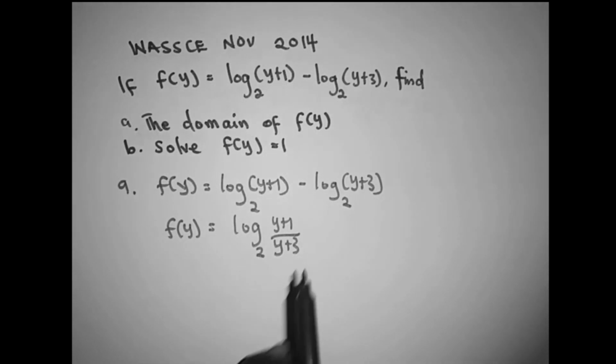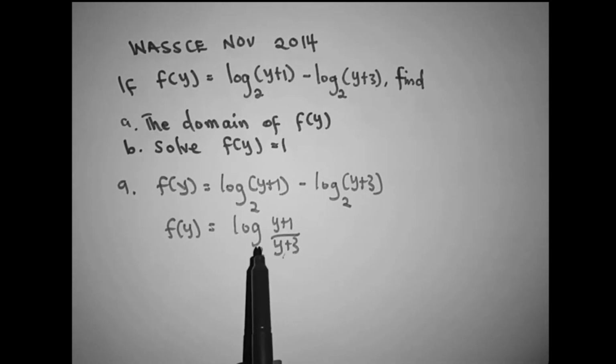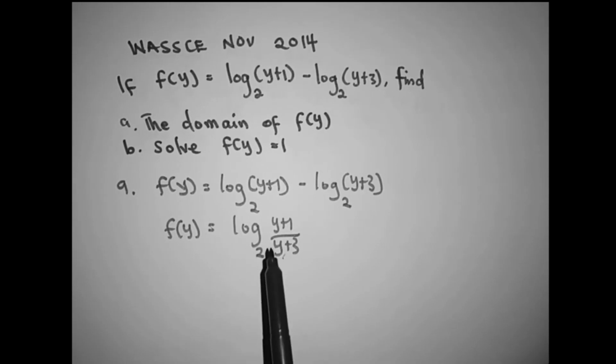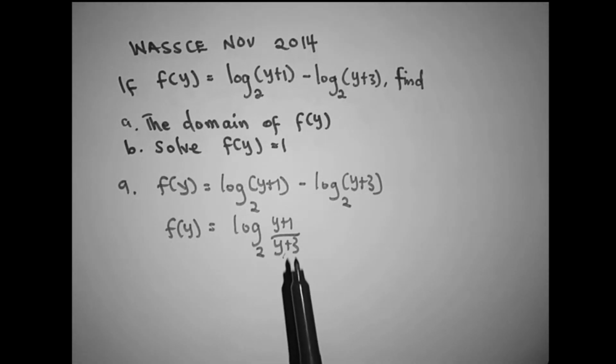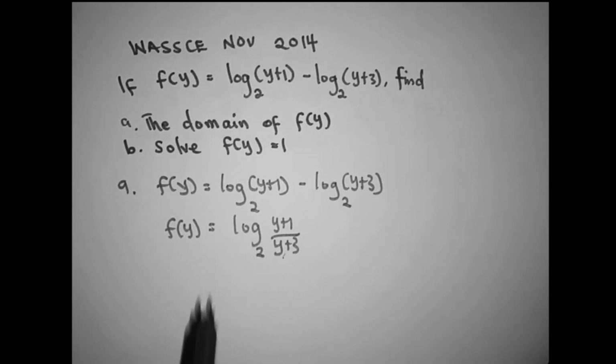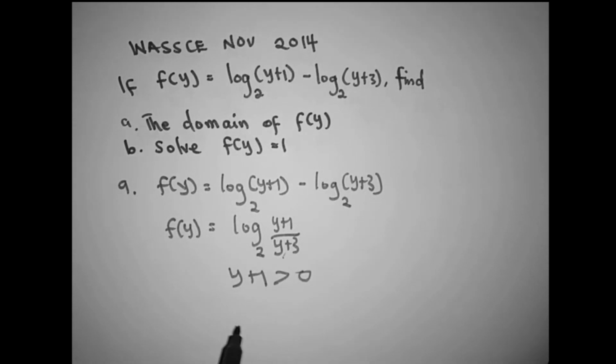So now, in finding the domain, what we must ensure is that the numerator must be greater than 0. The reason is because the log of negative numbers and 0, that is x less than or equal to 0, makes this f of y undefined, and therefore y plus 1 should be greater than 0.